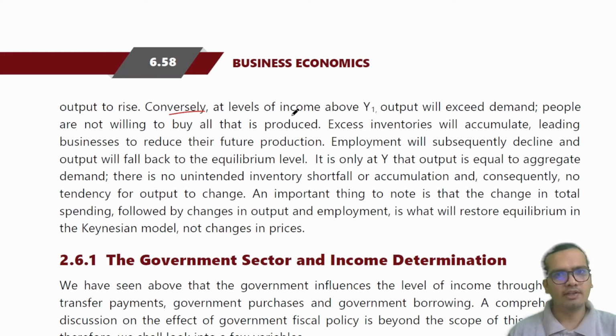Conversely, at a level of income above Y1, output will exceed demand. People are not willing to buy all that is produced. Excess inventory will accumulate, leading businesses to reduce their future production. Employment will subsequently decline and output will fall back to the equilibrium level.